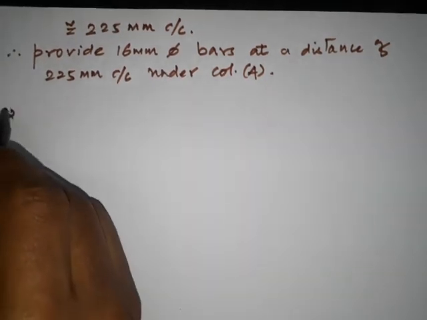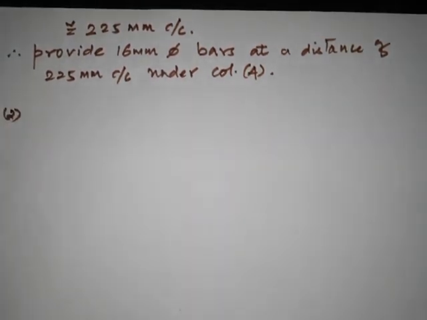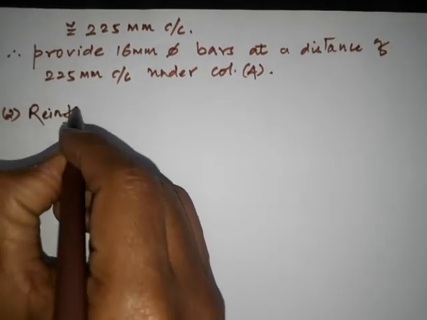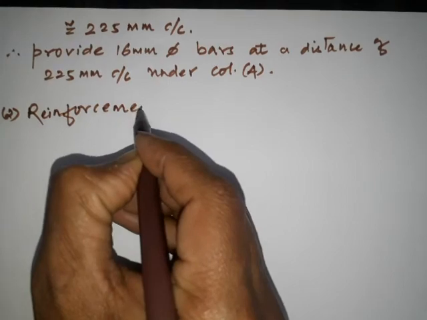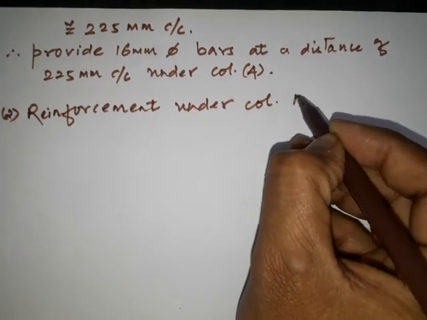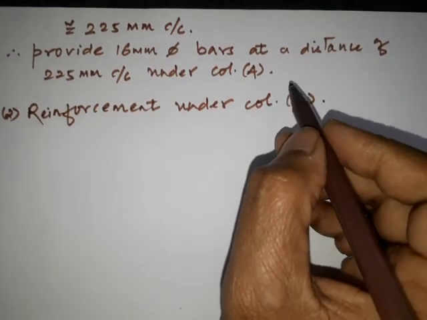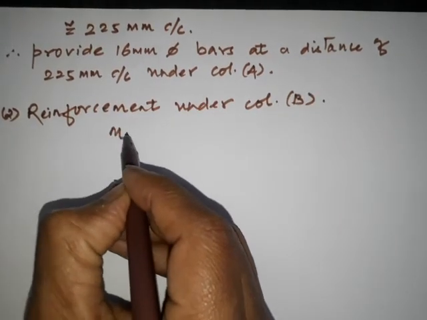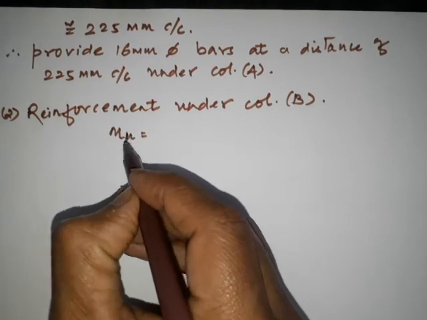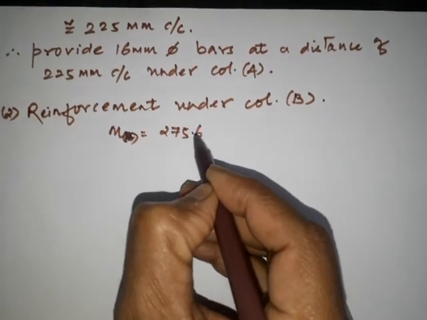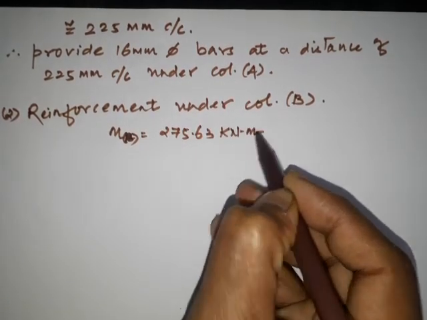So we'll go for next reinforcement under column B. So in that we have got Mu as, sorry, not M, I can write MB, that is 275.63 kilonewton meter.